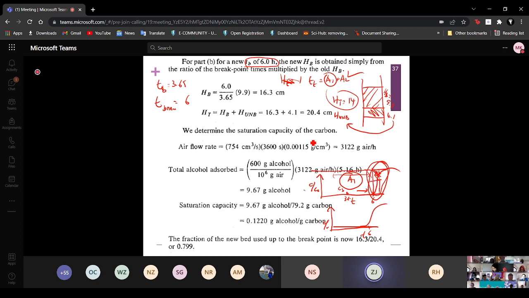So area A2 is the same. The height here, 4.1, will remain the same. HUNB will remain the same even if you increase the column height, the total column height.